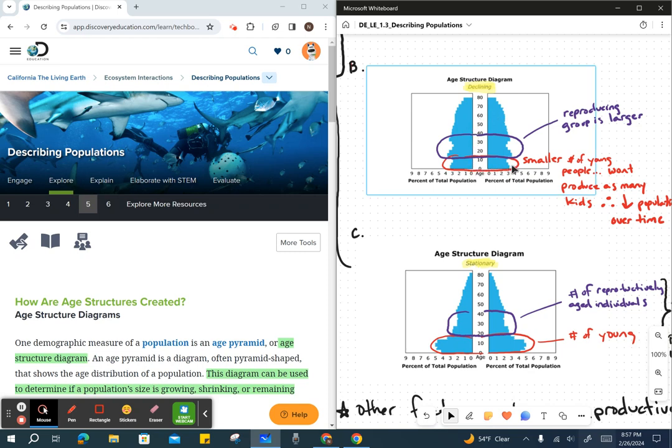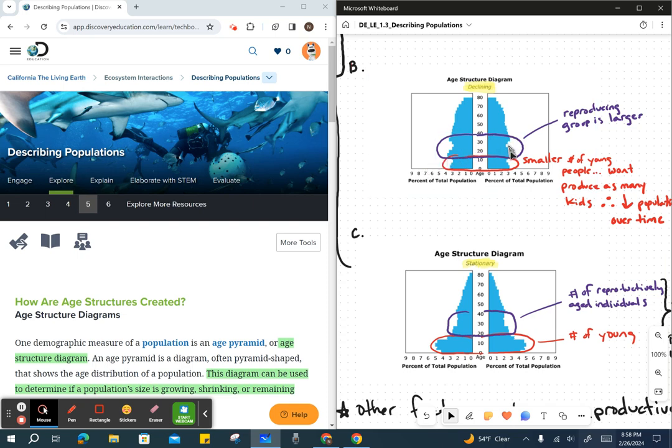The reason why is if you take a look at the youngest population, the non-reproducing population, let's say 0 to 12 or 13, somewhere around there, their numbers are relatively small compared to the next group up. The next group is circled in purple. This would be your, say, 15, 17-year-olds all the way up to maybe we could say up to 40.